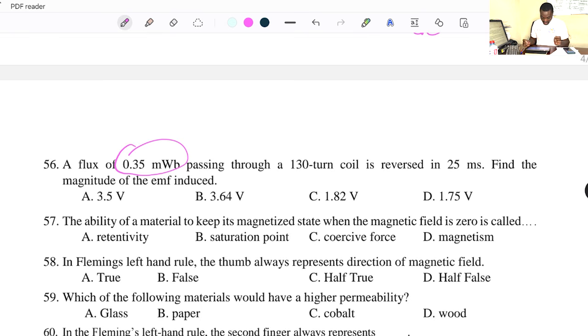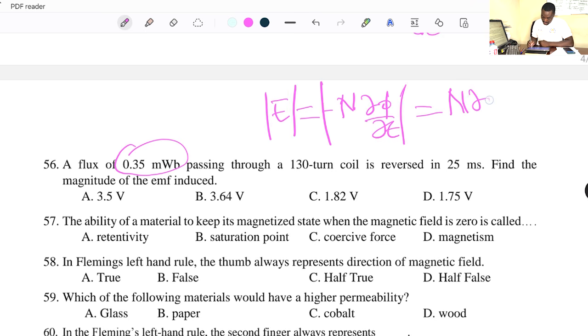To find the magnitude of the EMF induced, we can write the induced EMF formula for a coil. It will be minus the number of turns times the rate of change of magnetic flux, and we take the magnitude, so we should get a positive answer.